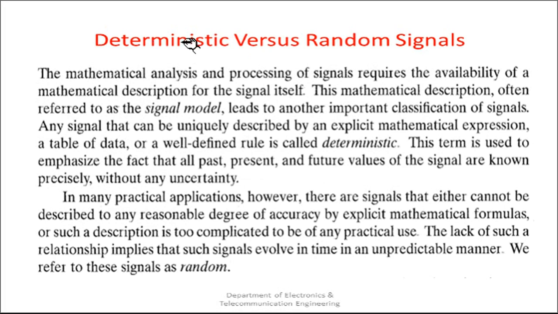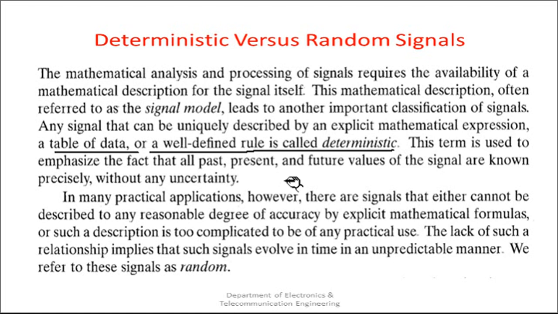Now the next part is the deterministic versus random signal. Which signal do we need to call deterministic? From this description you can check: mathematical analysis and processing of signals requires the availability of a mathematical description for the signal itself. This mathematical description, often referred to as the signal model, leads to another important classification of the signal. Any signal that can be uniquely described by an explicit mathematical expression, a table of data, or a well-defined rule is called deterministic.